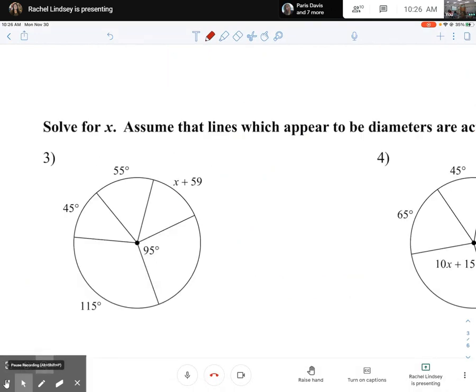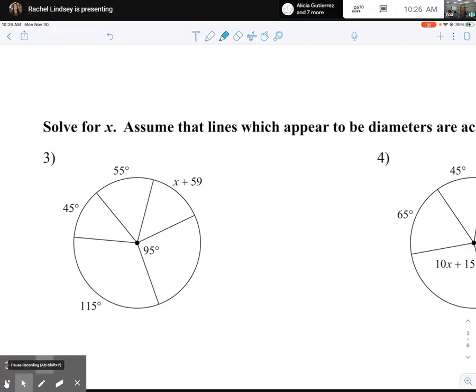Okay, so looking at this, we're gonna solve for x. So we need to know what this arc equals before we can solve anything. So we know all of the other 4 arcs, right? What do all 5 arcs always add up to? 180. Nope. 360. Half the circle is 180, but the whole circle is 360.